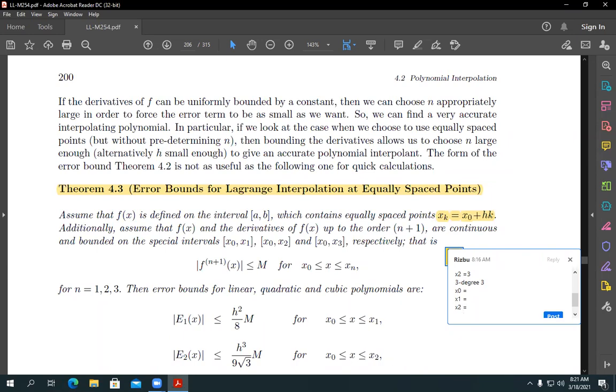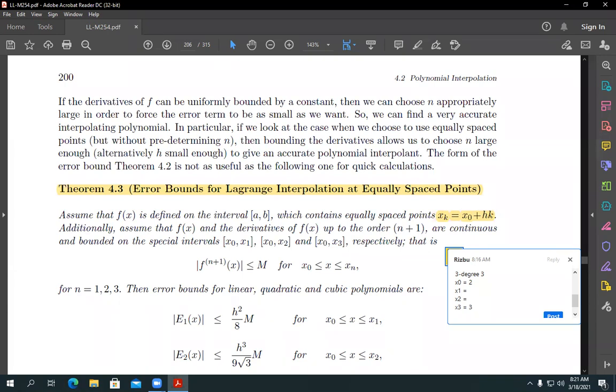Right, we need 4 points. Our interval is given as 2 and 3. So we already know the value of x0 is 2, and x3 is 3.